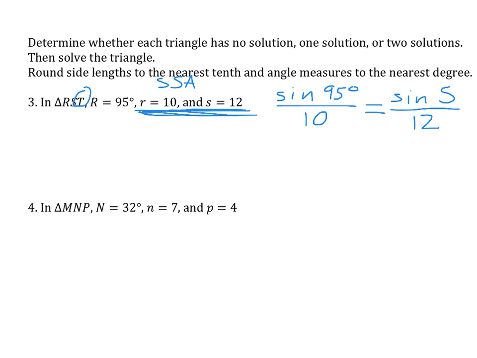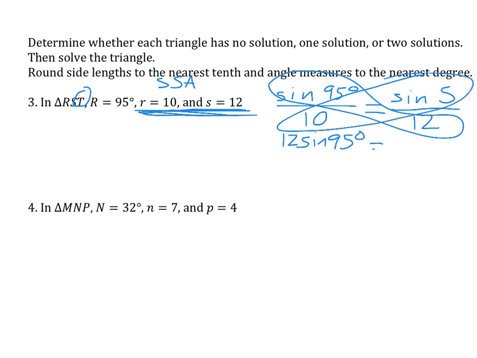Alright, cross multiply, you get 12 times sine 95. So again, I'm multiplying diagonally. I'm multiplying these together, then I'm going to multiply these together next, equals 10 sine of angle S. And angles always use capital letters.